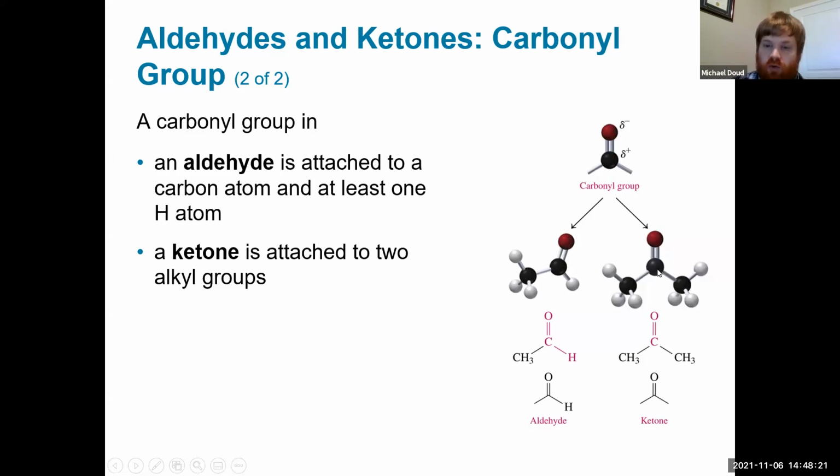For the ketone group, however, there are no hydrogen atoms attached to that carbon, and it is attached to two other carbon atoms. That's what differentiates a ketone from an aldehyde. As we'll learn in the future, we've got carboxylic acids and esters. These functional groups also include a carbonyl group, but they're bonded to other things, so don't worry about those yet. Basically, a ketone is when the carbon is bonded to two other carbon groups, and an aldehyde is when it's bonded to at least one hydrogen atom.